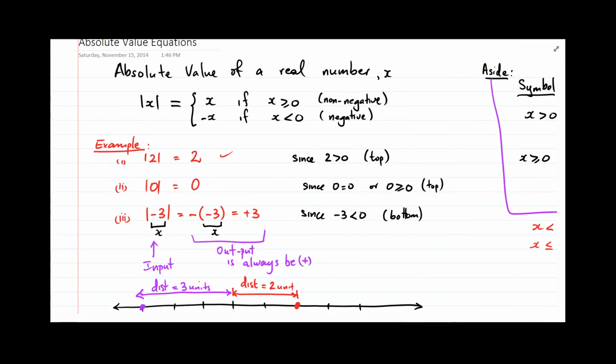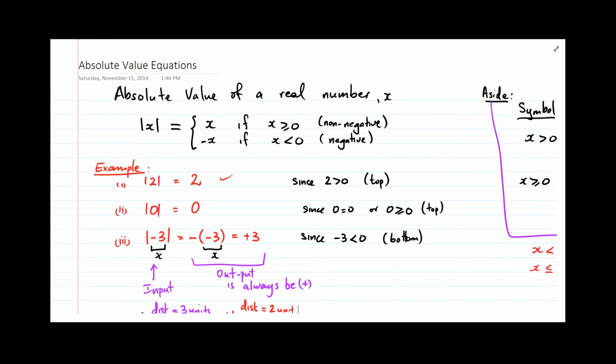So the key thing to keep in mind is this definition of the absolute value. Whatever the expression is between those two parallel lines, it remains the same if we've gotten something positive or non-negative. So if the number is non-negative, then we will just take that number itself.